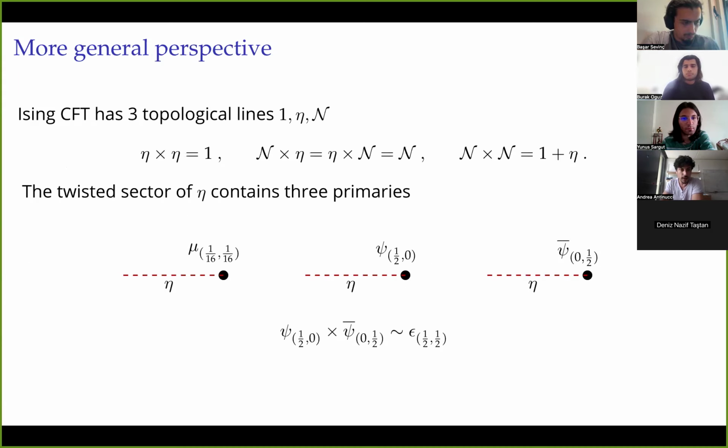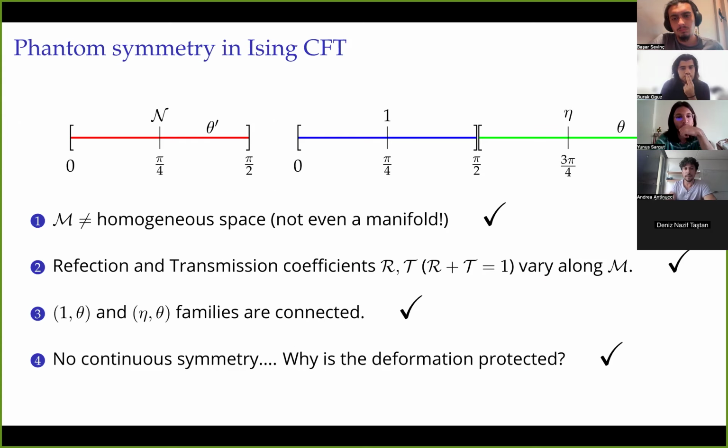Okay, if not, let me give you a slightly more general perspective of why this can happen in the Ising model. And this will be extremely useful, because you might think, okay, I told you the story in the Ising model, but you're a bit cheating, because I know from the beginning that the Ising model gives, upon folding, a compact boson.